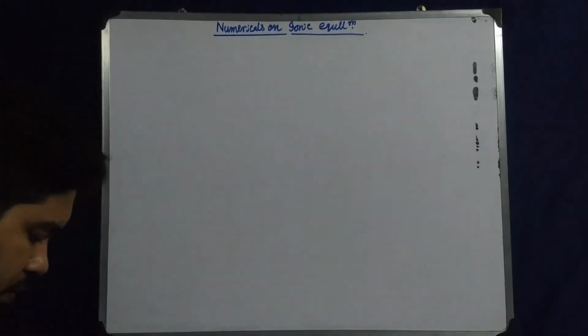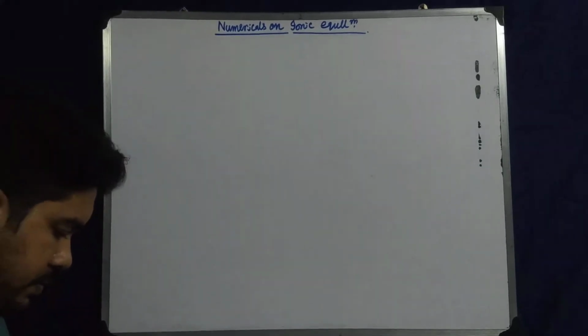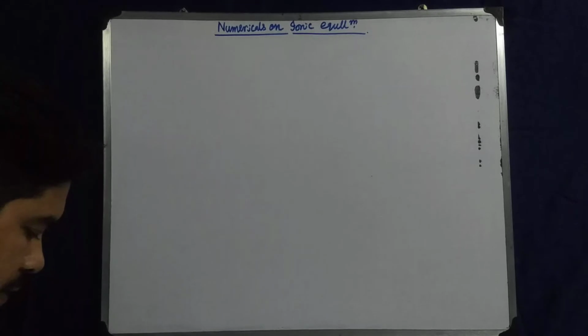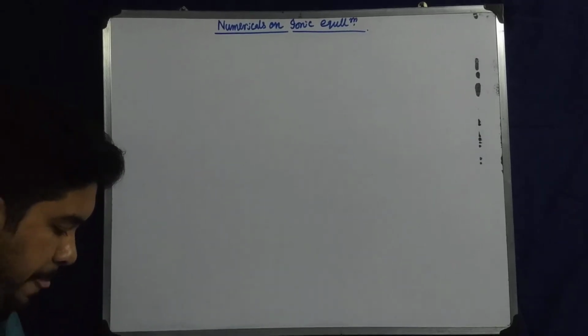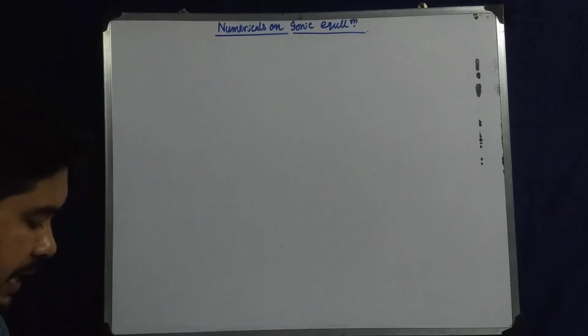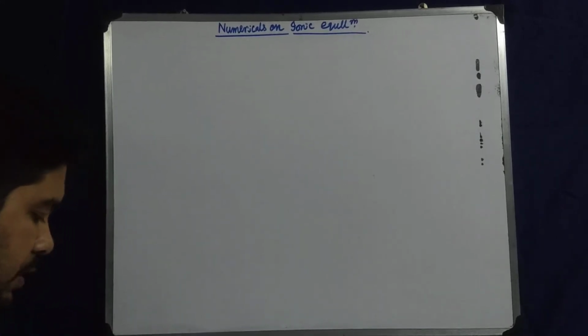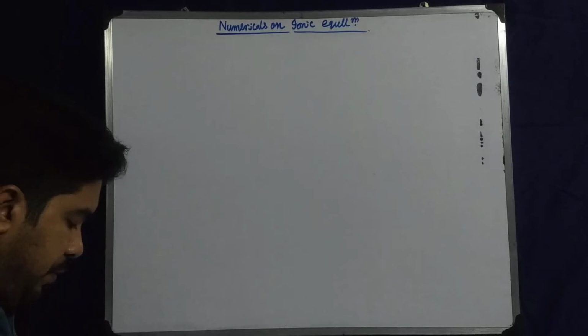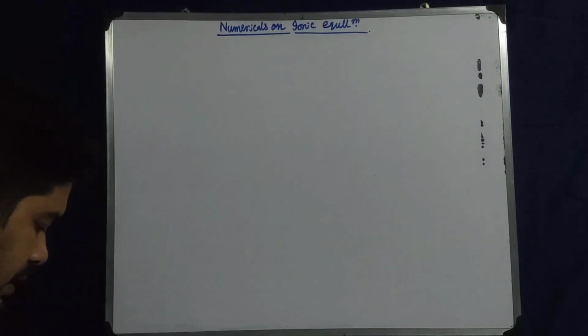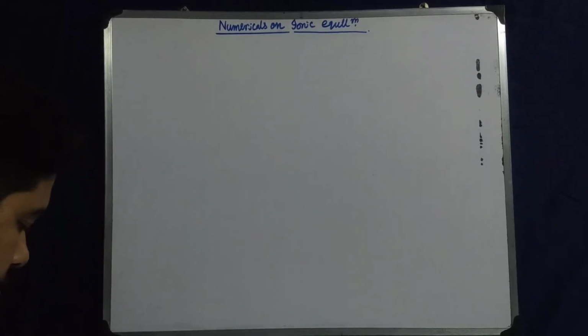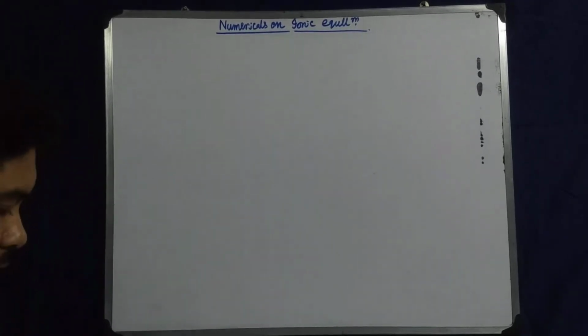Let me see what else I have. I have gathered some examples. Another question of this type is given. So let me solve this. Then we'll go for the next type of numerical problems. I hope that is the last type. No, 2-3 more types of numerical problems are there also. Okay, let me do it.